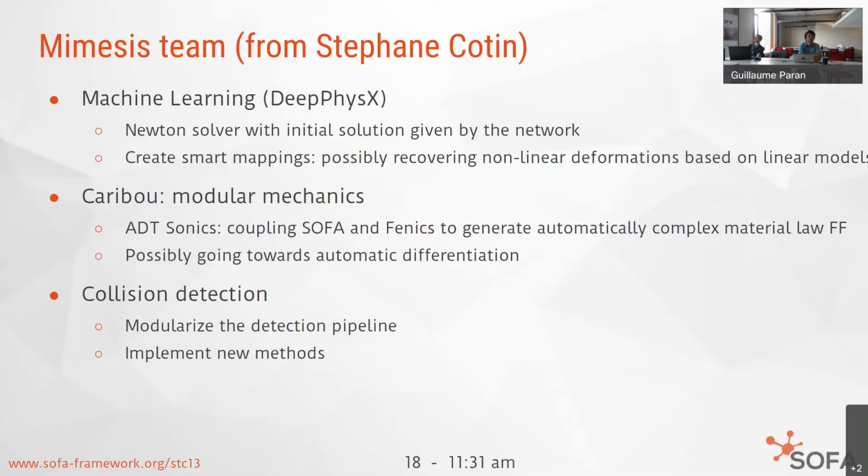Some people in the Mimesis team are working on a dedicated detection pipeline, but it's a bit specific to needles, and there was the question of getting something more generic, and also having that modularized, in the idea of getting the constraint pipeline and constraint resolution modularized, so that we can implement new solvers, new methods for constraints. It would be the same here for the detection pipeline.